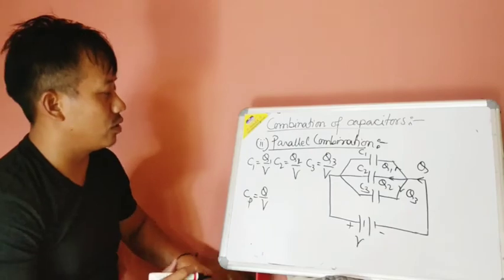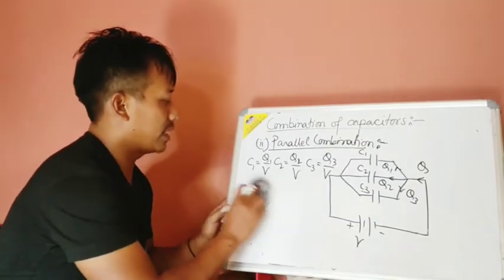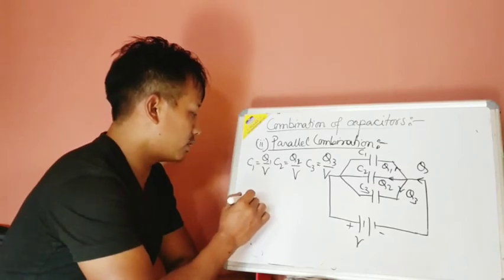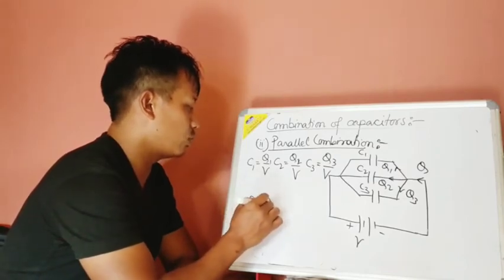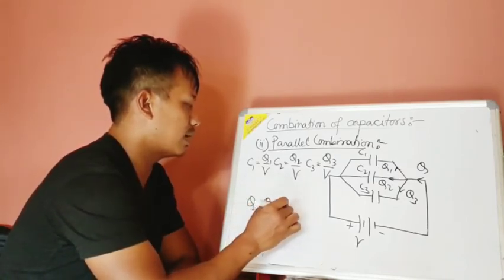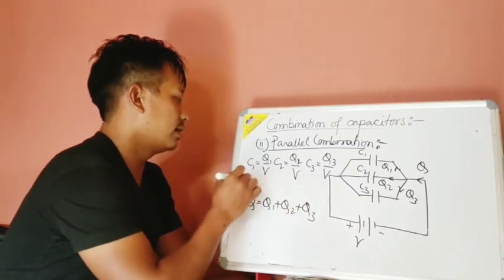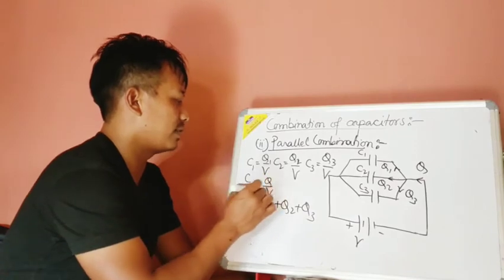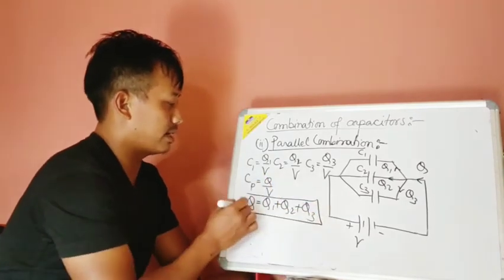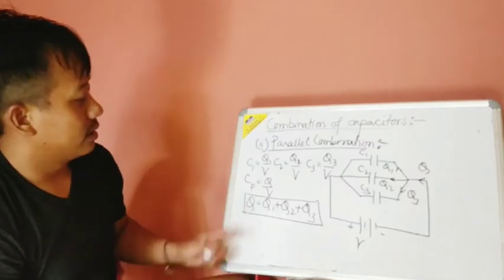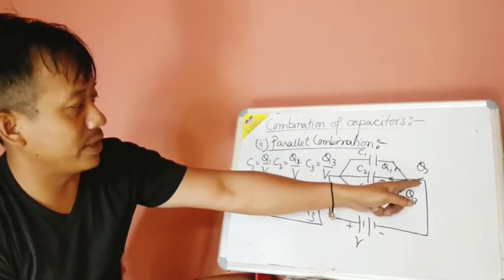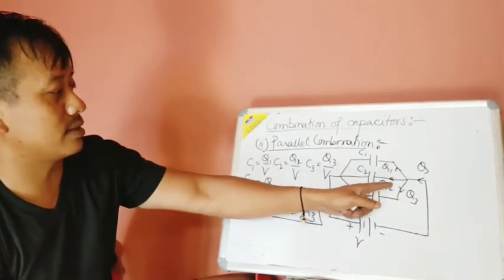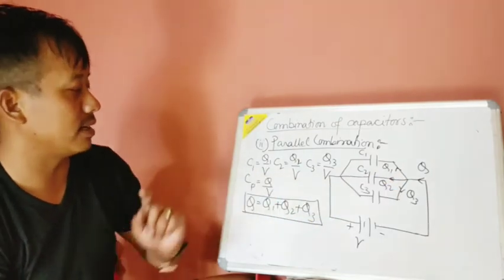Then as I told you, by conservation of charge, this total charge Q should be equal to Q1 plus Q2 plus Q3, and Cp was equal to total charge by total potential V. Let us observe here. The total charge coming through this junction, Q, should be equal to the sum of these three charges, Q1, Q2 and Q3.